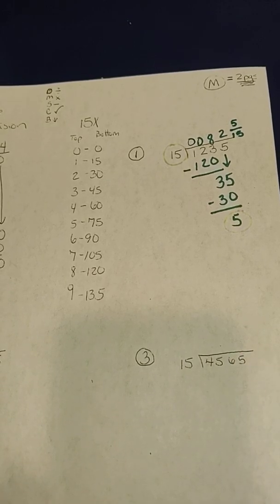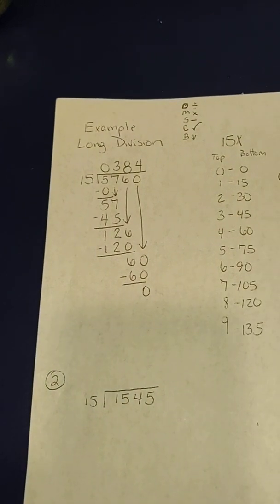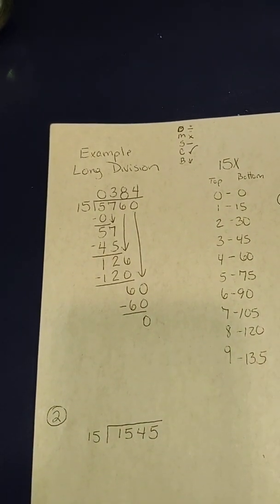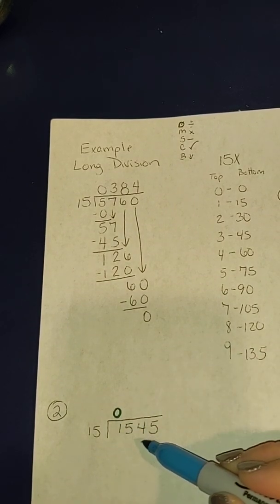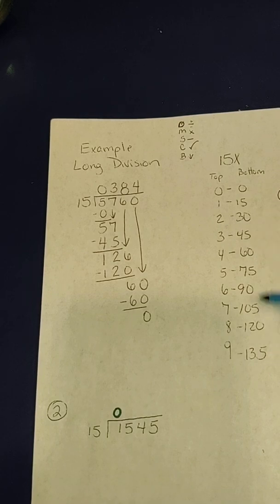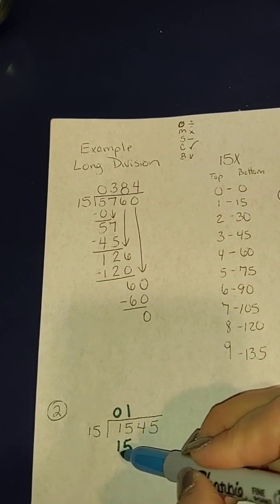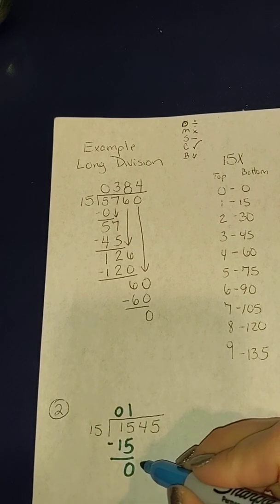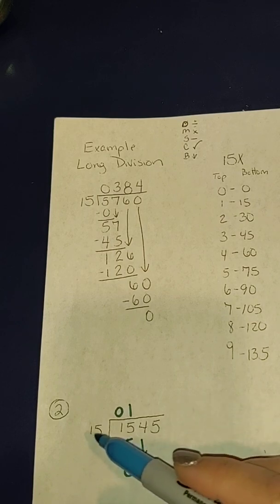Let's do one more on this page. 1 can't be divided by 15. 15 can. Well, I know that one without even checking. 1 times 15 is 15. Multiply, subtract, check, bring down. 4 divided by 15.